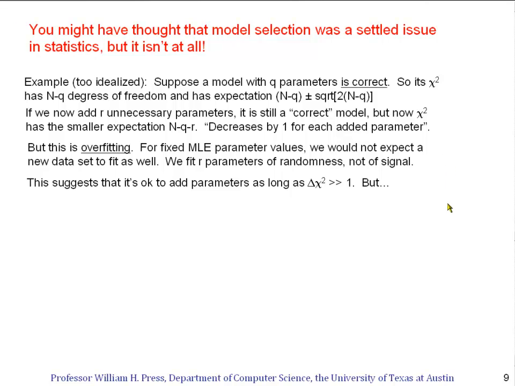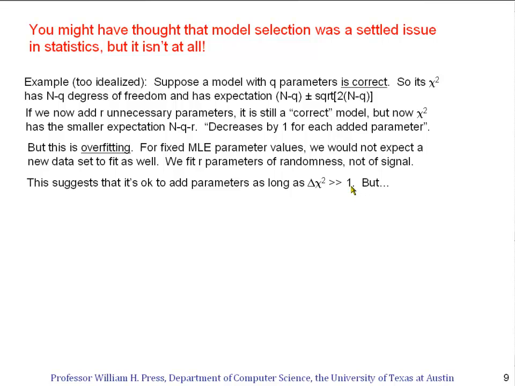Now what does this suggest about model fitting? It suggests that it's okay to add parameters, but only if each time you add a parameter you get a change in the chi-squared that's much bigger than 1, not just this automatic decrease by 1 each time you add an unnecessary parameter.